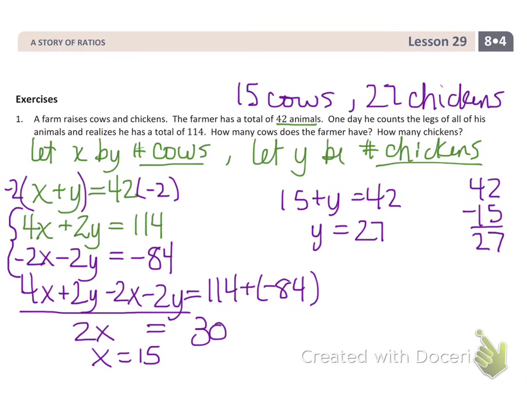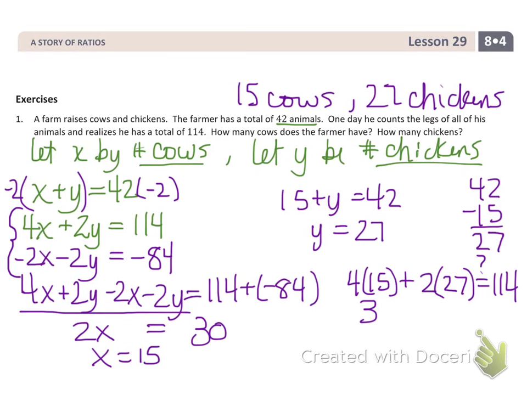Okay, and if I want to check that, I need to go back to the second equation over here, the one that was counting the legs. 4x plus 2y equals 114. So 4 times 15 plus 2 times 27 is, and I'm asking myself, is that equal to 114?